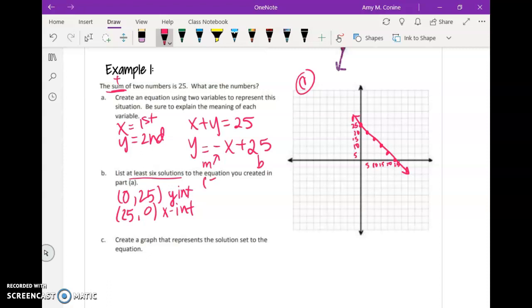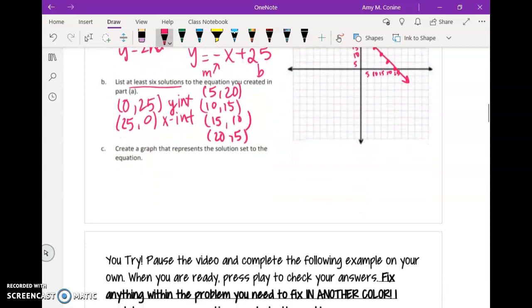So we have 5, 10, 15, 20, 25. Oops, going down: 25, 20, 15, 10, 5. And it's asking for at least 6. Okay, so we have our at least 6. If you can give me more than 6, great, but we have the 6 that we need. So that is our example 1. Pause the video if you need to. We're going to keep moving.